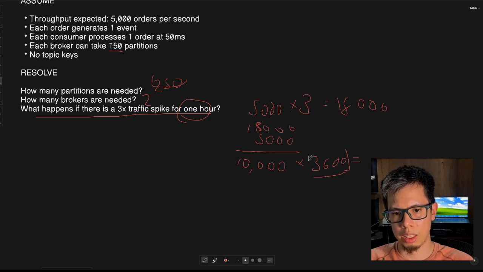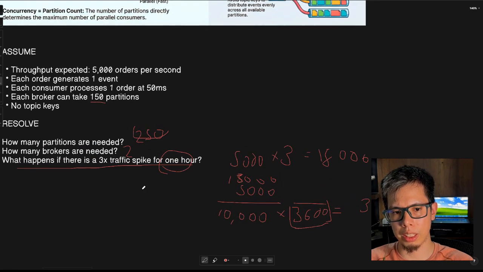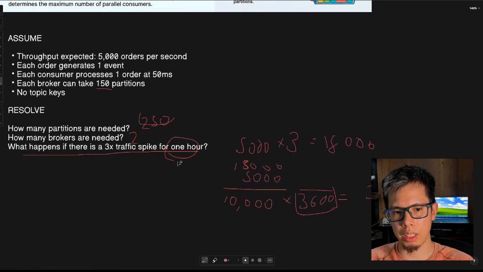And the answer will be 36 million messages that will be delayed, and you have to take note that maybe you need to increase the number of partitions to ensure that you can handle a spike of traffic, right? So that is in summary the idea.